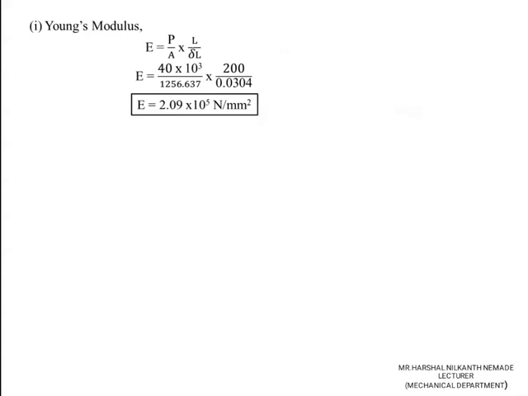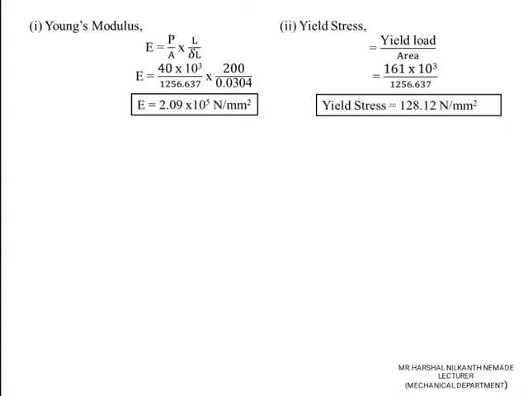After Young modulus, they have asked yield stress, which is given by yield load upon area. Yield load value is 161 multiplied by 10 raised to 3 divided by 1256.637 area. Solving, I get yield stress is equal to 128.12 Newton per mm square.